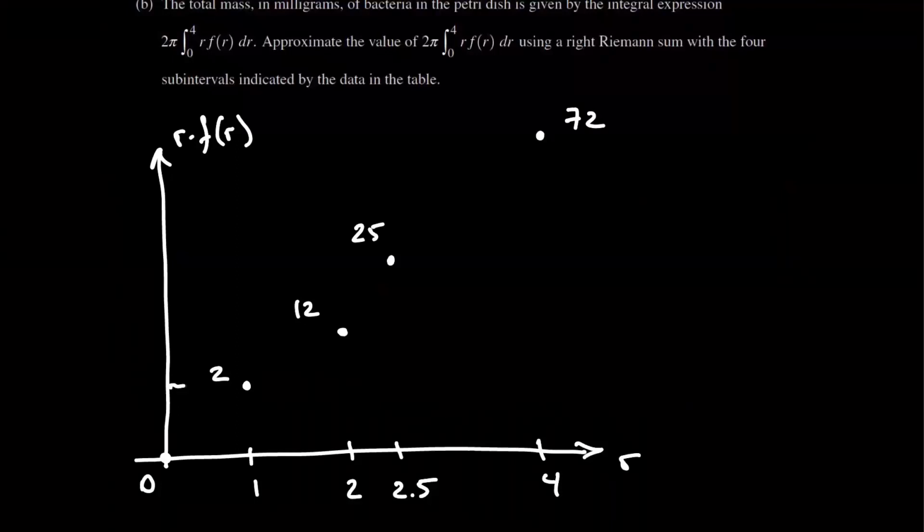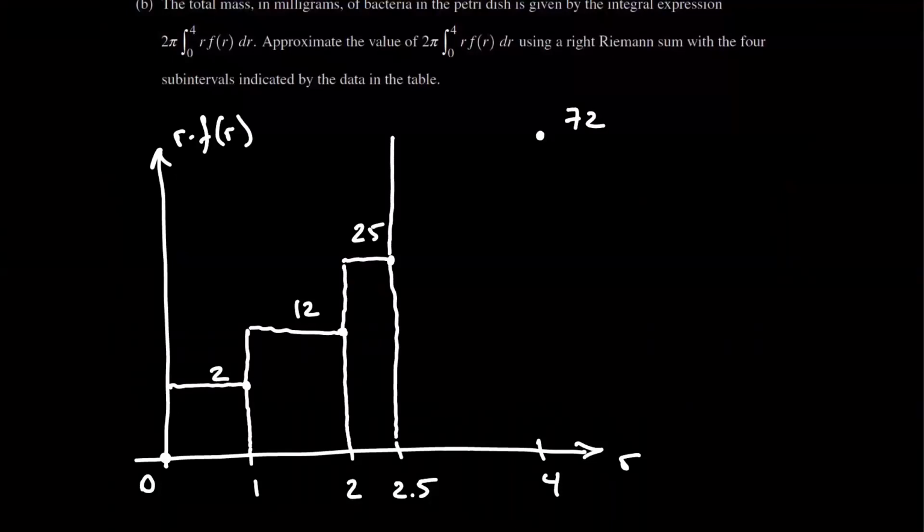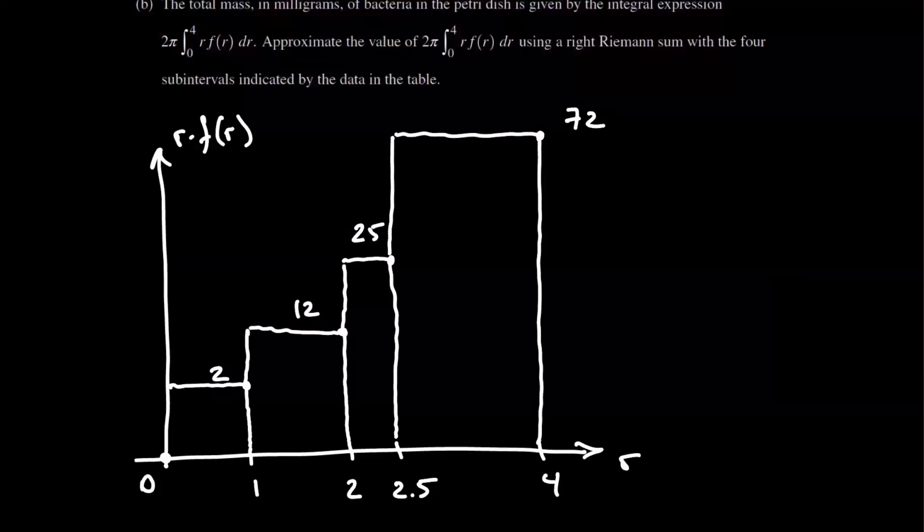And the right Riemann sum means that we take the right side of these rectangles. Not the left Riemann sum, not the trapezoidal sum, but the right Riemann sum. So for these rectangles, we take the right side. For example, for this first rectangle, we take this side as the height of this rectangle.